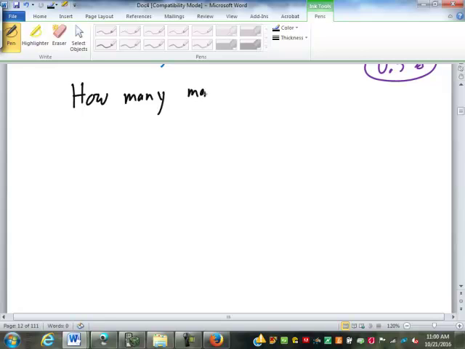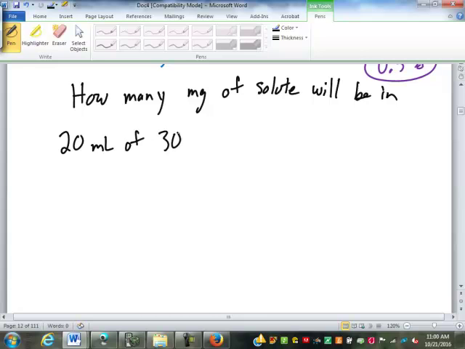So how many milligrams of our medication, of our solute, will be in 20 milliliters of a 30%, well, let's go 3%, 3% weight and volume solution.